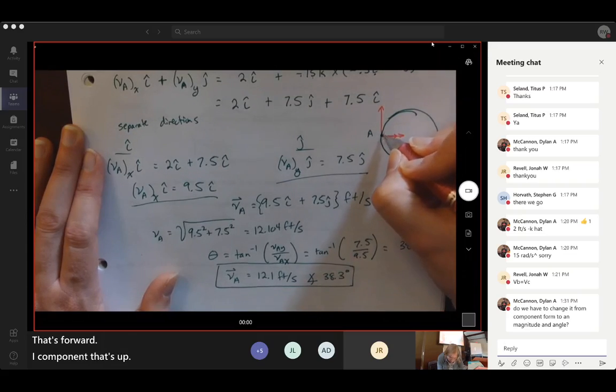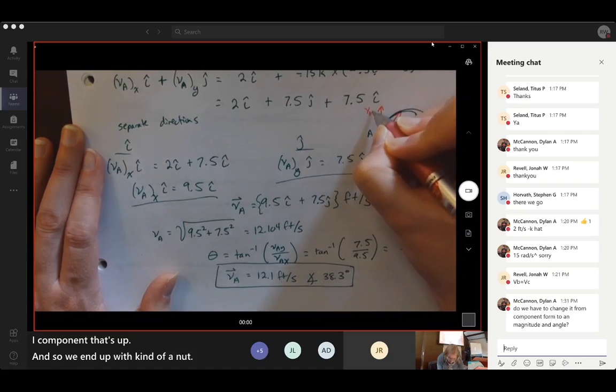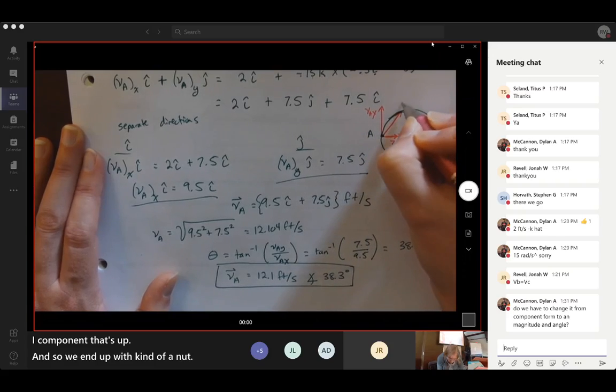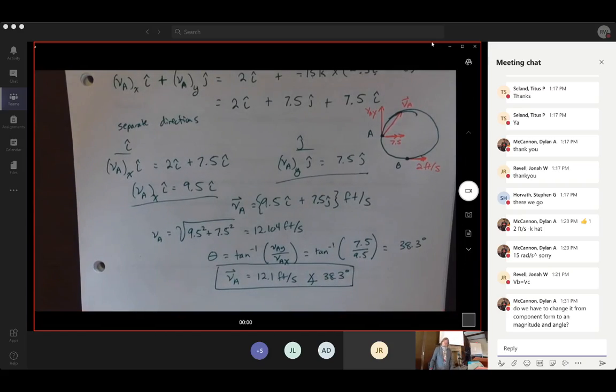And so we end up with a net VA, and it's that way.